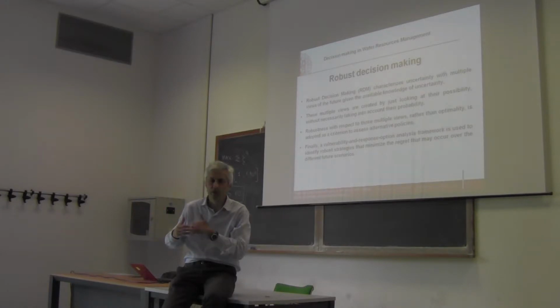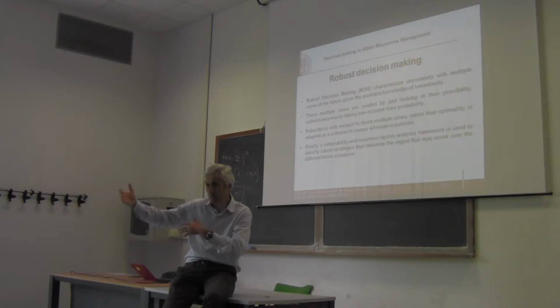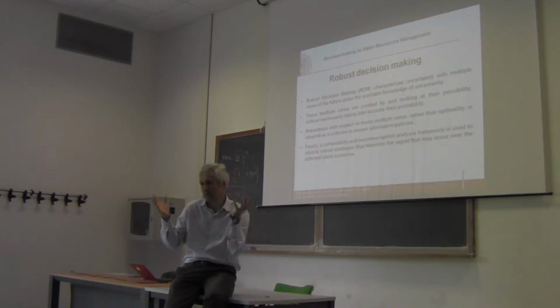Of course, there will be nobody that says that in the future rain will go to 0. There will be somebody saying rain is going to reduce 10%, other people 20%, other people 30%. Okay, let's take the widest range and generate a series of multiple futures. One may use climate models for doing that, but not necessarily.